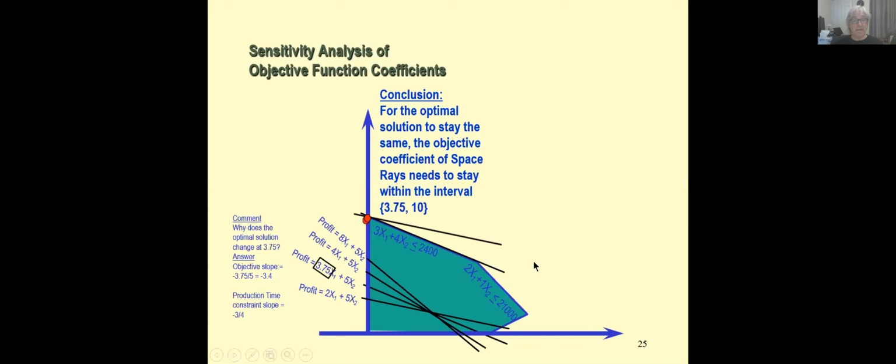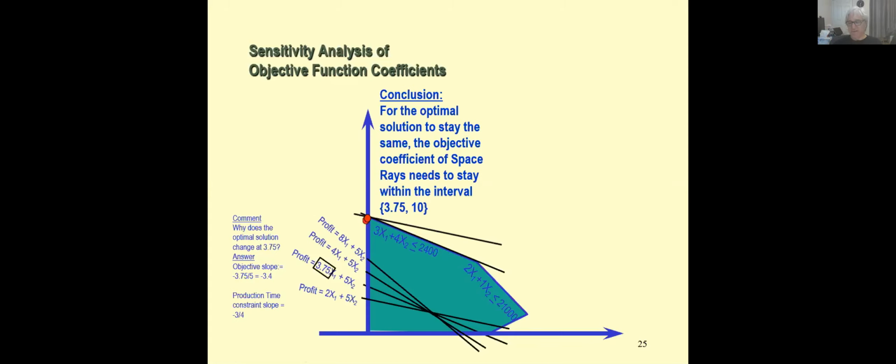And this is happening when the profit per dozen of spacers increases to $10. Look why. The slope here is negative 2 over 1. And if you look at the objective, 10x1 + 5x2, the slope is negative 10 over 5. It's negative 2 again.